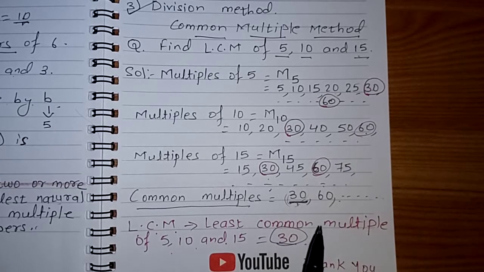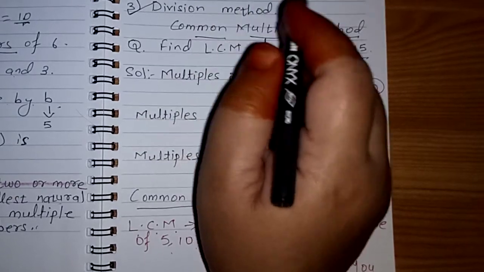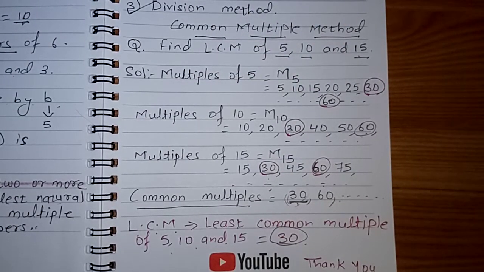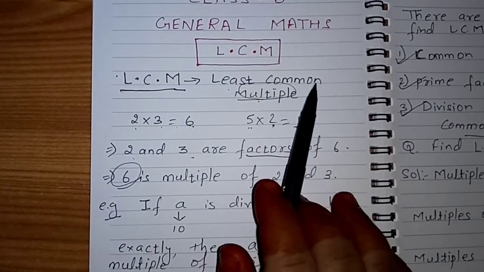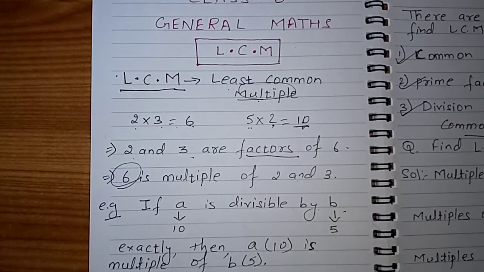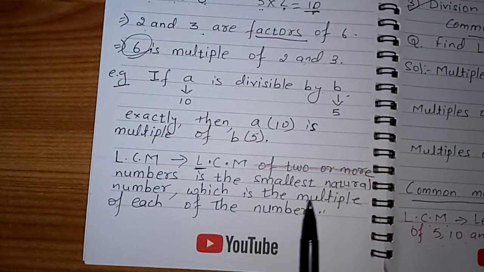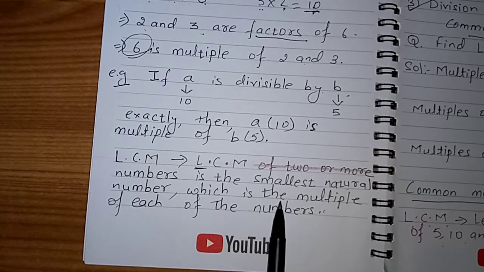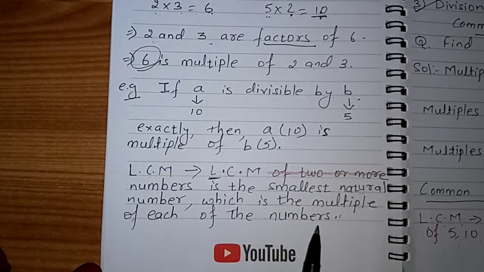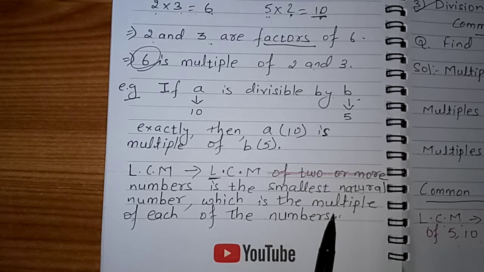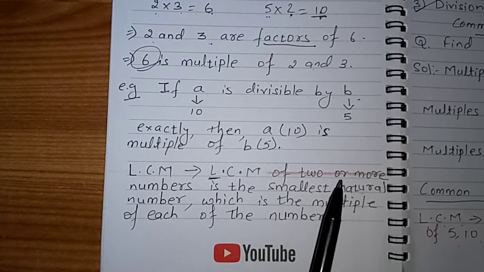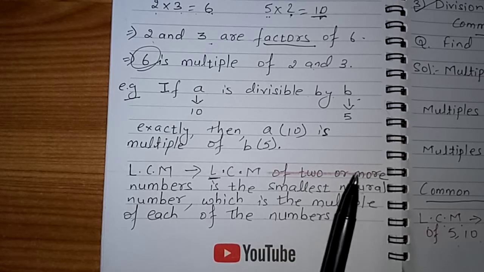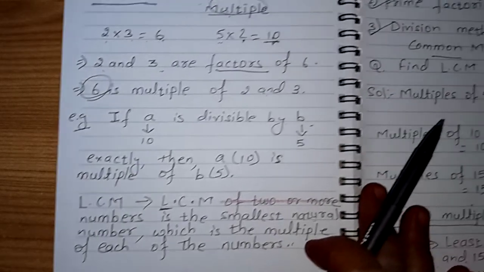This is a method. Which method? Common multiple method. So what is LCM? LCM is least common multiple. LCM of 2 or more numbers is the smallest natural number which is a multiple of each of the numbers, or we can also say LCM is the smallest natural number which is divisible by the given numbers exactly.